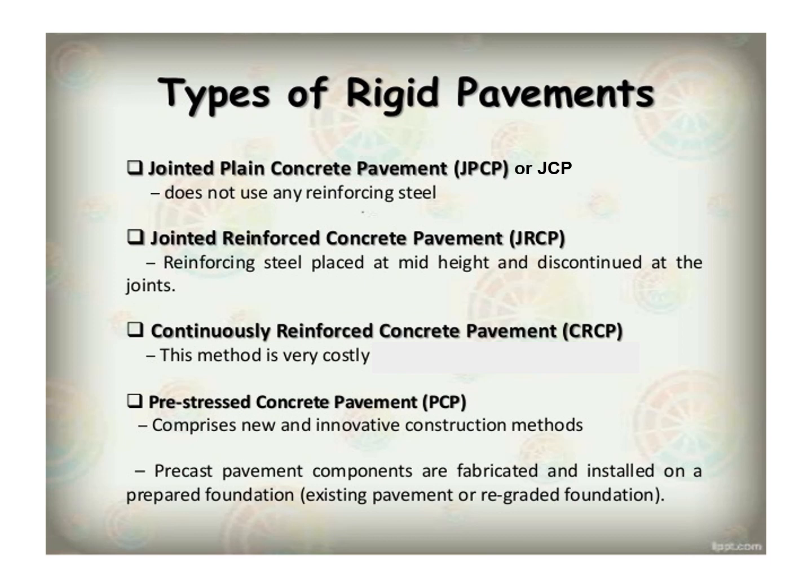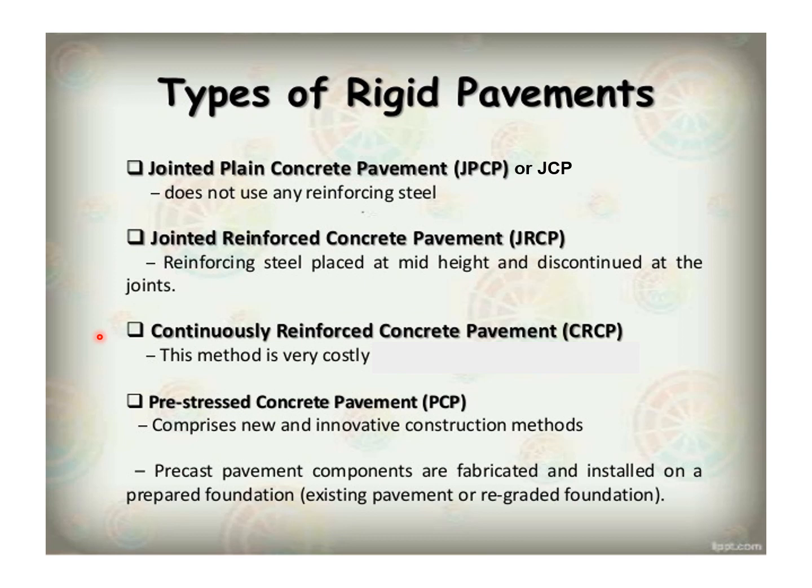Now on this particular slide, you can see the types of rigid pavements: jointed plain concrete pavement, JPCP or JCP, which does not use any reinforcing steel. Then comes jointed reinforced concrete pavement, JRCP, with reinforcing steel placed at mid-height and discontinued at the joints.